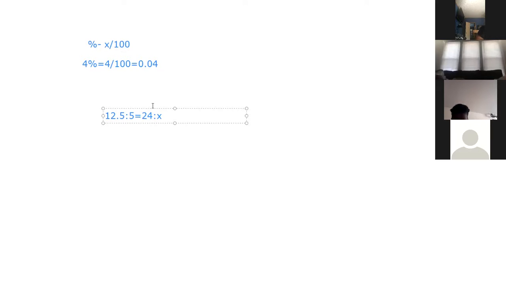We're going to multiply 5 times 24, which equals what? 120. 120, okay. And that's going to equal our 12.5x.